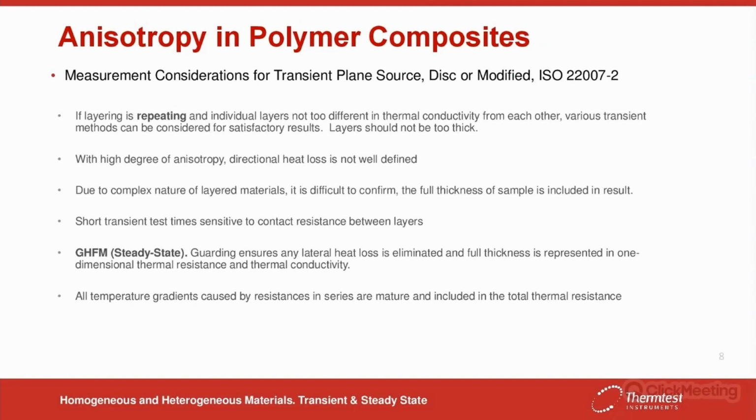The time scales for steady state are in the tens of minutes, let's say 30 or 40 minutes. So all temperature gradients caused by resistances or heterogeneity are part of the resistance measurements, and those are mature. So you have a real measurement, or true thermal conductivity measured.